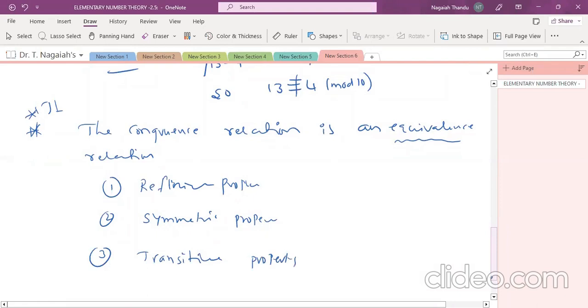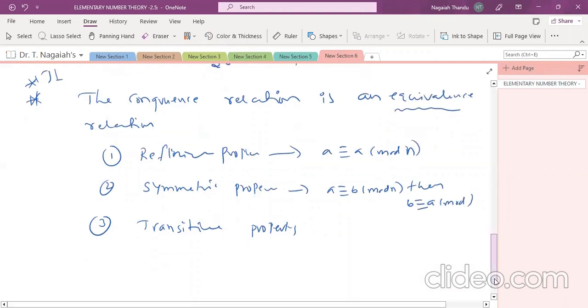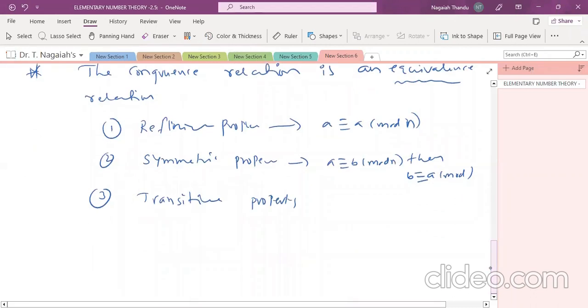Reflexive property means a is congruent to a modulo n. Symmetric property means if a is congruent to b modulo n, then b is also congruent to a modulo n. Transitive property means you take 3 elements a, b, c.